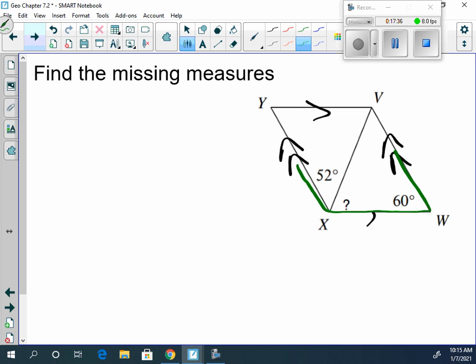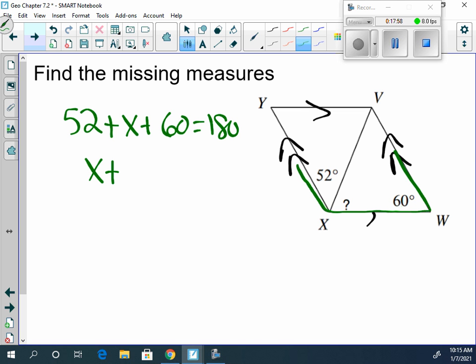But those two angles together, so 52, and we'll call it x, plus 60 would equal 180. Because consecutive angles, even if it's cut in half, we still just combine them back, will equal 180. So we'll have to do a little bit more work on this one.